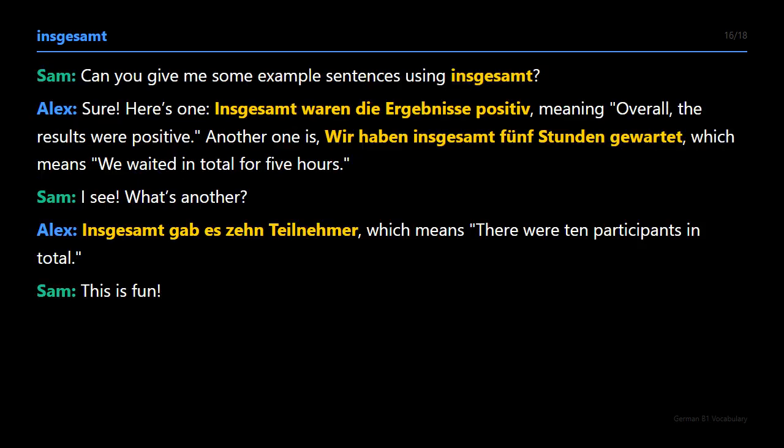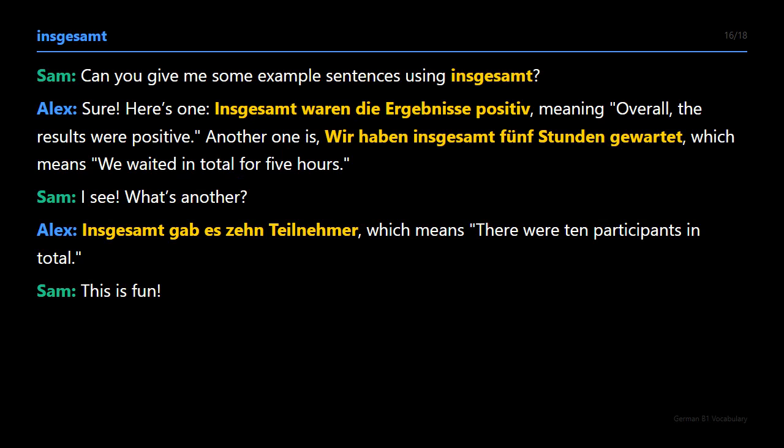Can you give me some example sentences using insgesamt? Sure. Here's one. Insgesamt waren die Ergebnisse positiv. Meaning overall, the results were positive.